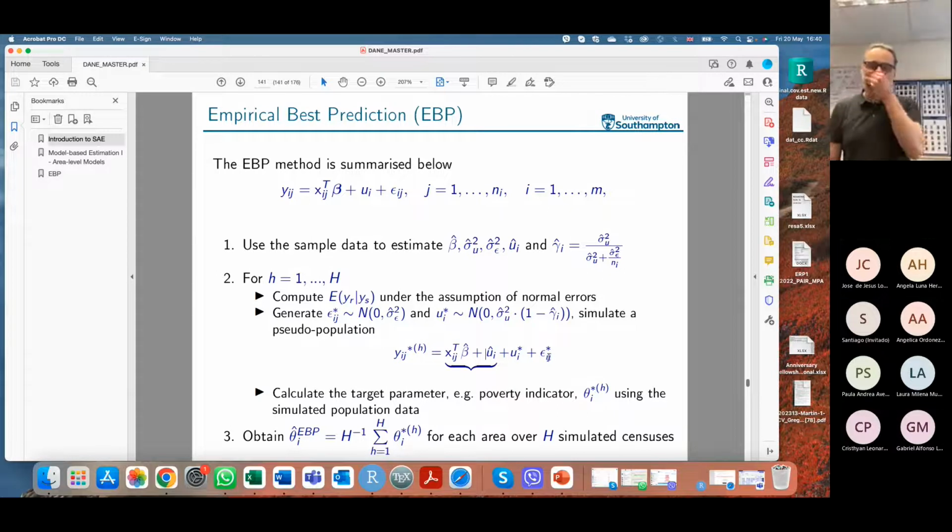This expression will give you a way of simulating the entire distribution of income in Colombia, and you know how this income will look like in each one of the municipalities in Colombia. It's a purely model-based method of simulating population values.